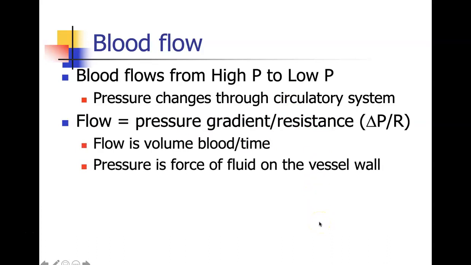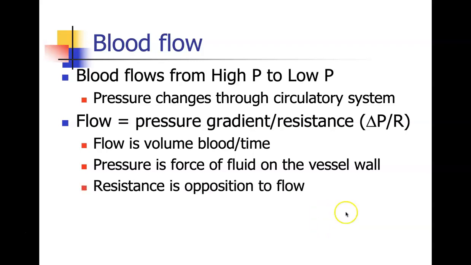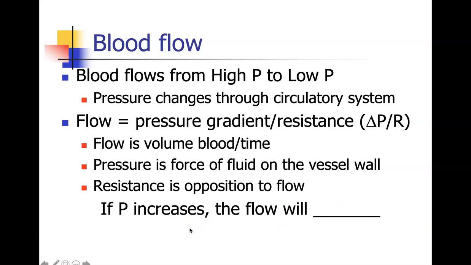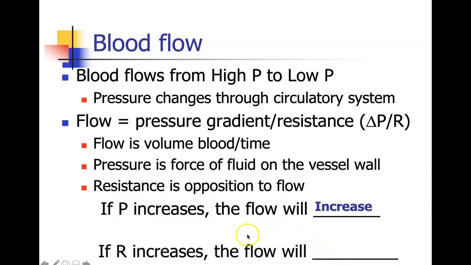Pressure is the force of the fluid on the vessel wall. And resistance is the opposition to flow. So let's think about this. If pressure increases, what's going to happen to flow? Pressure increases, flow will increase. If resistance increases, flow will decrease.